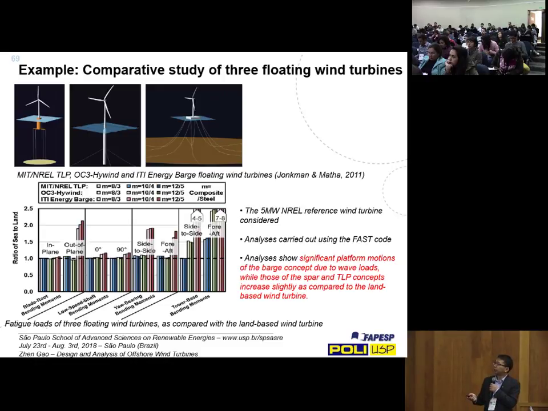And of course, you also see that there's a big increase for the barge type of wind turbine. So it's not a good idea to use a barge or ship type floating wind turbine. Basically, its wave loads are too large, and then you have large wave-induced motions.